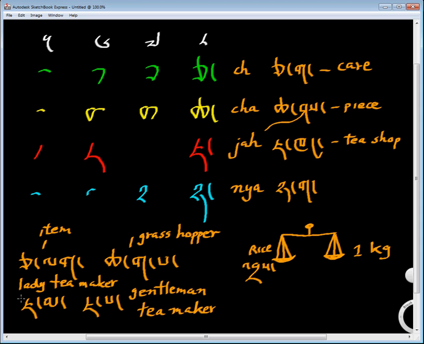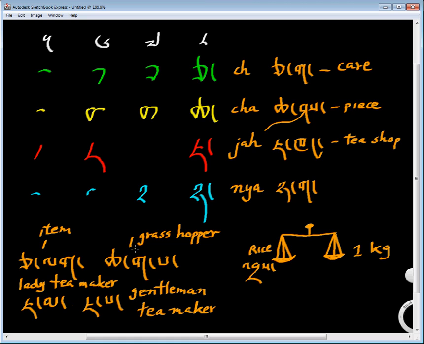So maybe I have to say gentle lady making tea to be politically correct. And then chama, that's the example we normally see in elementary books. Chapa, just the opposite.